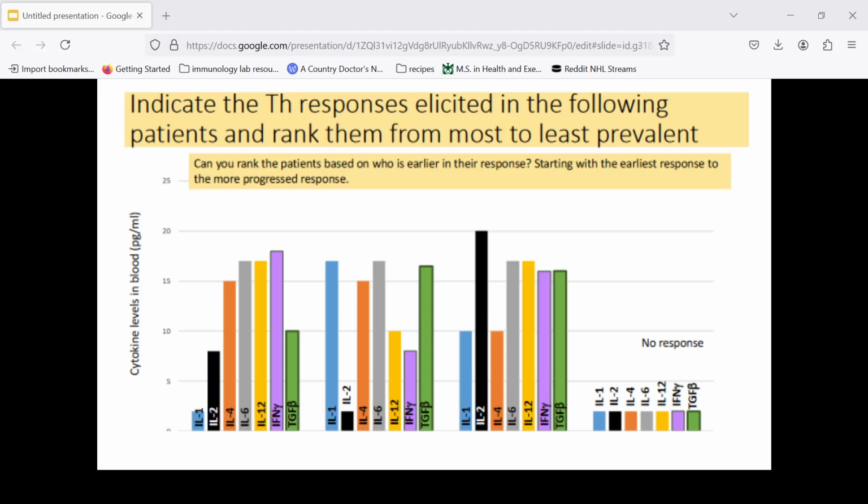Okay, we've got 3 examples here. Just take a second, look at them. We'll just start with patient 1 and break it down.